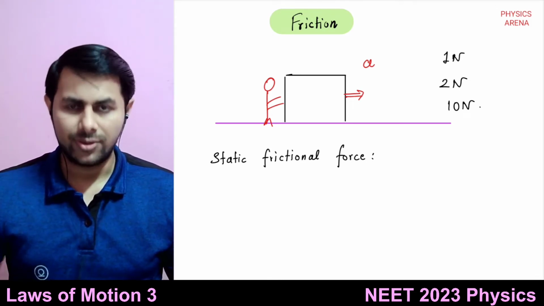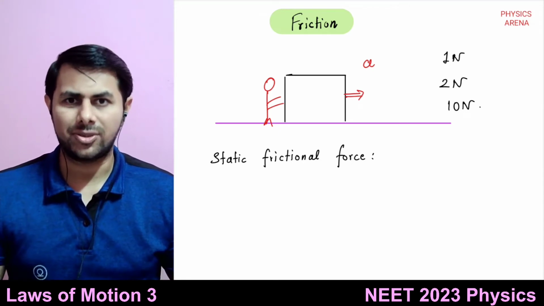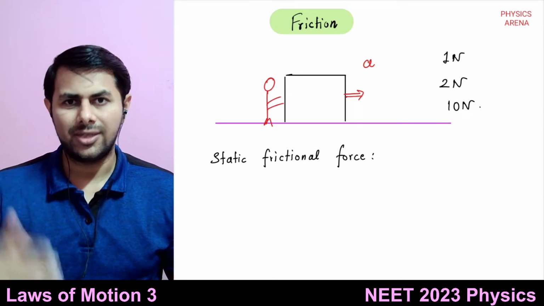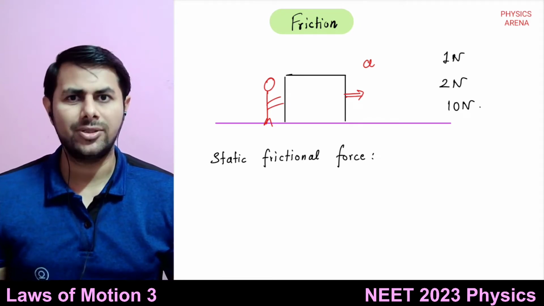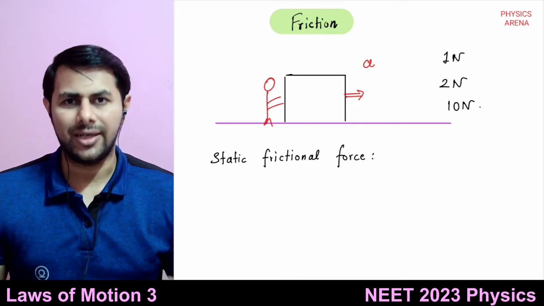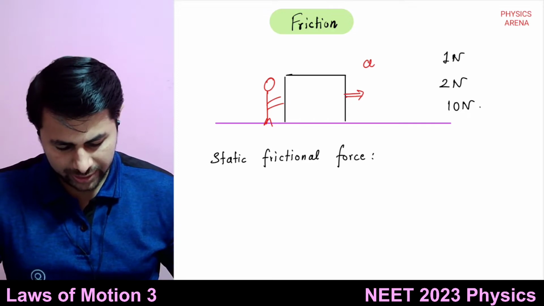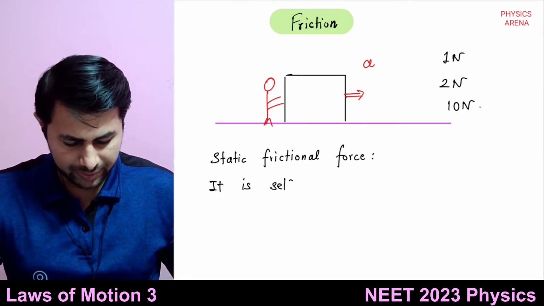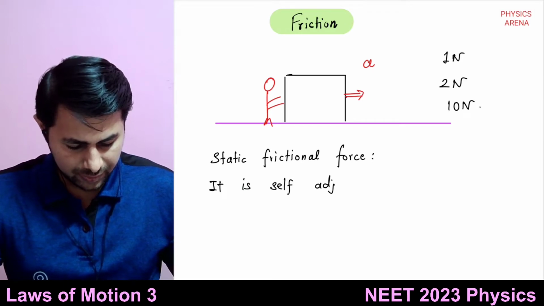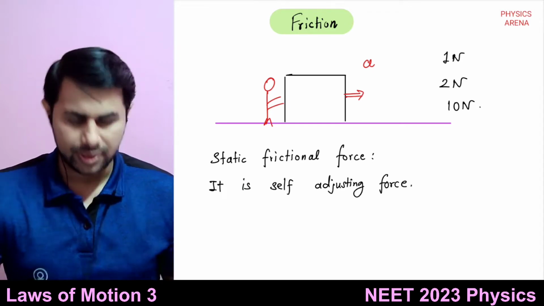So at some specific value of the applied force, the block begins to slide. That means there is a maximum value, a limiting value of static frictional force beyond which it cannot exceed. So static frictional force is a self-adjusting force.